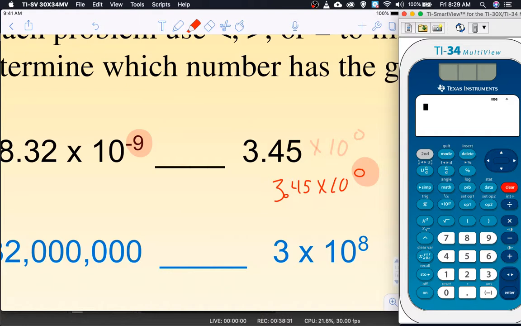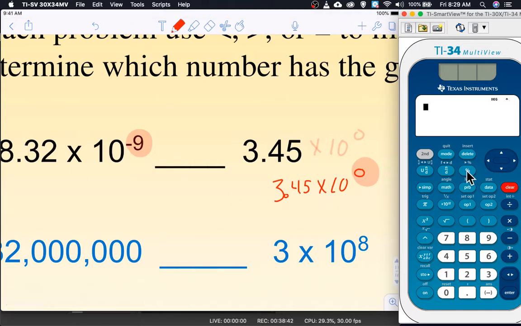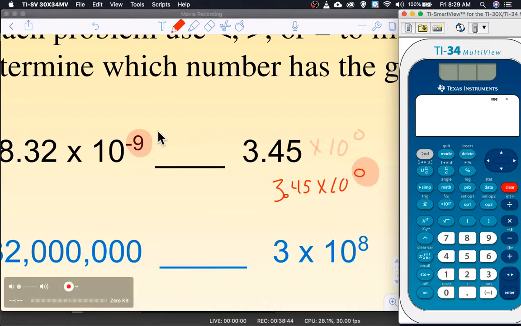So if two numbers have the same exponent, then you have to look at their decimal pieces, the part in front of the times by 10. And usually there's a difference there. But if they have different exponents, whichever exponent is bigger is the bigger number.